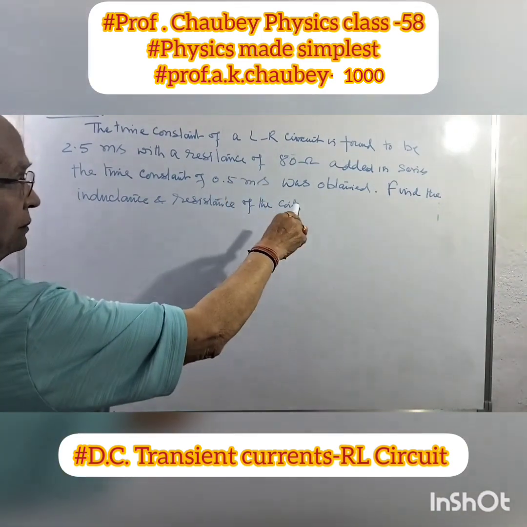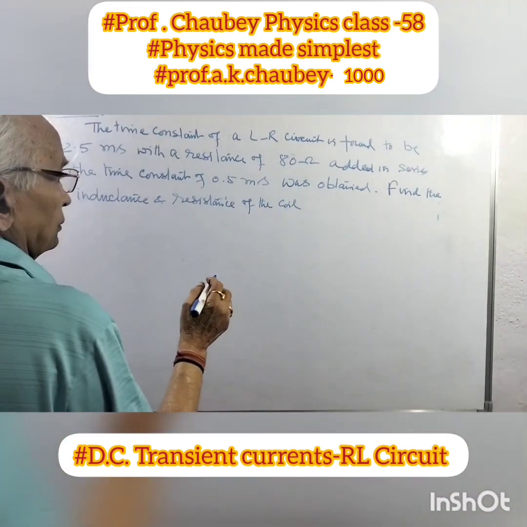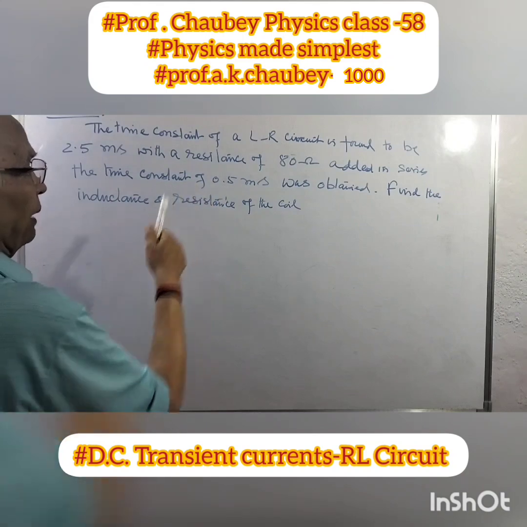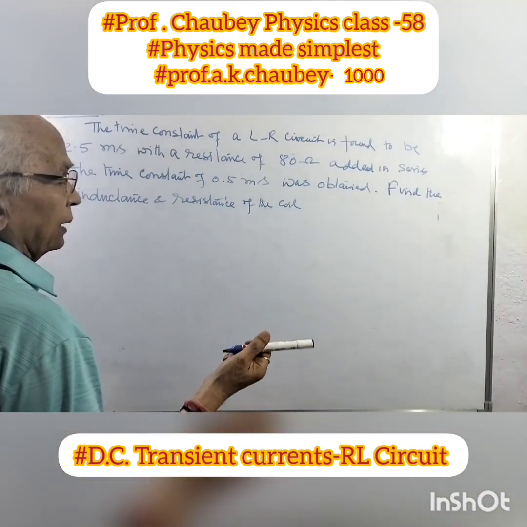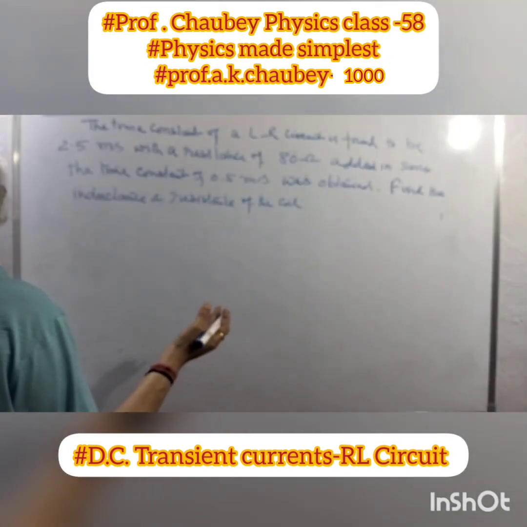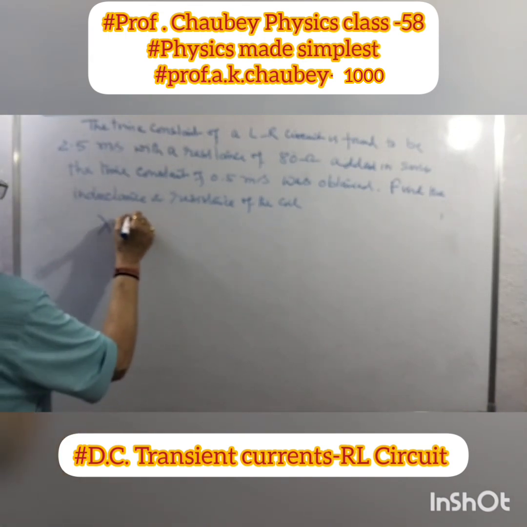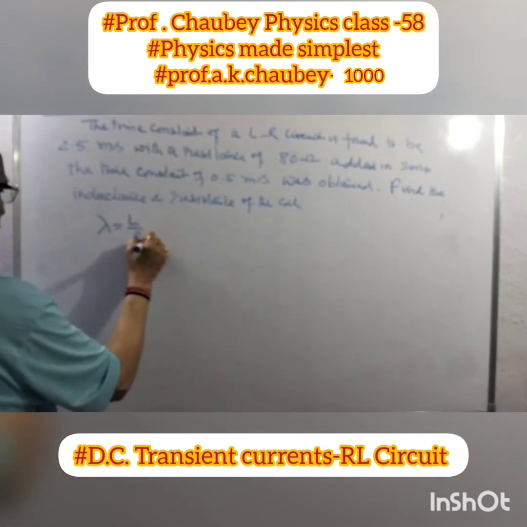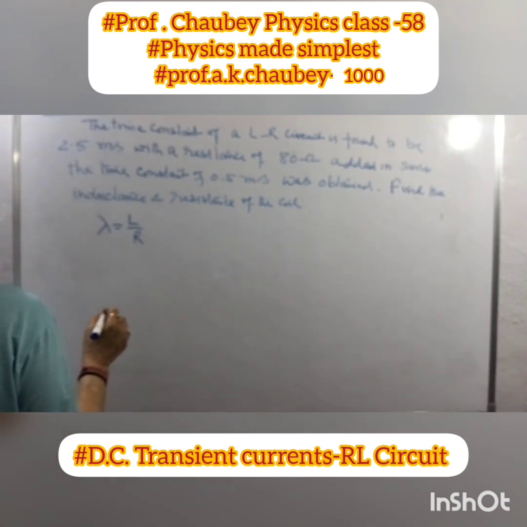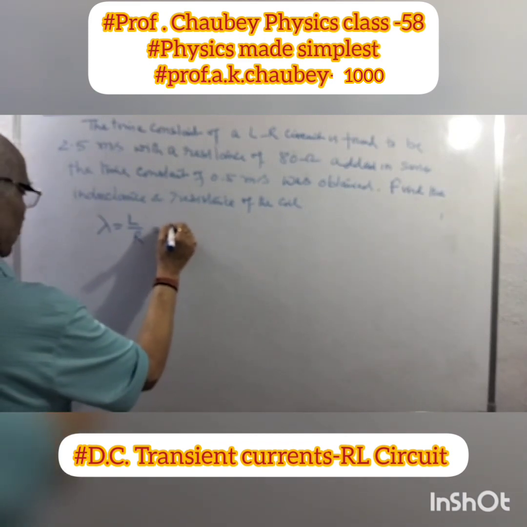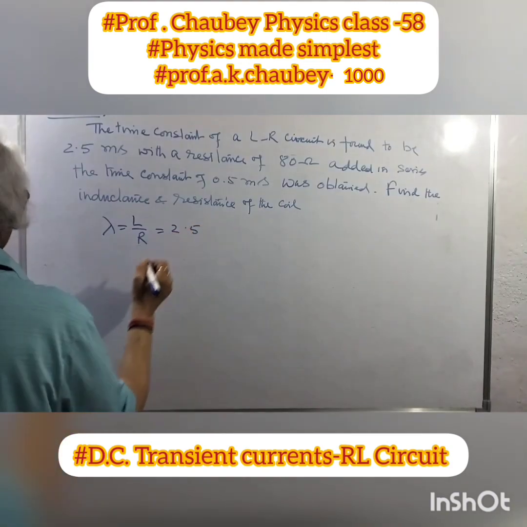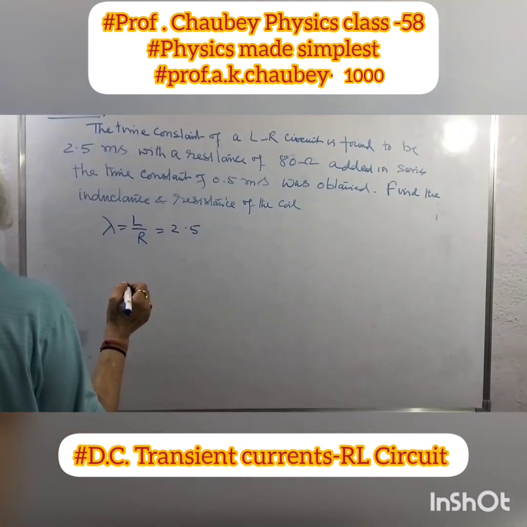Now they added resistance, 80 ohm, then it becomes 0.5. So find out L and R. That's just simple mathematics. So the time constant lambda is equal to L over R, which is equal to 2.5 in the beginning.